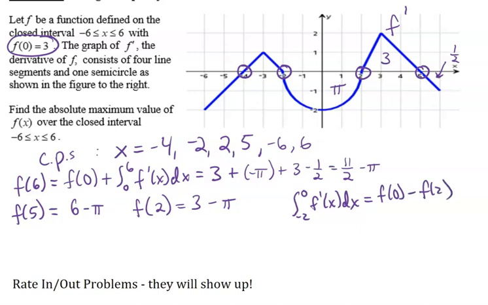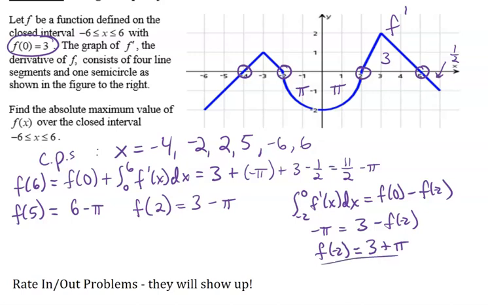Then the integral from -2 to 0 of f prime is another pi, but below the x-axis, so negative pi, equals f of 0, which is 3, minus f of -2. Moving f of -2 over, moving the pi over, I get f of -2 equals 3 plus pi. Okay, so there's that value.